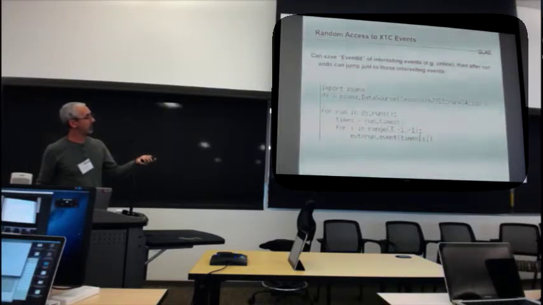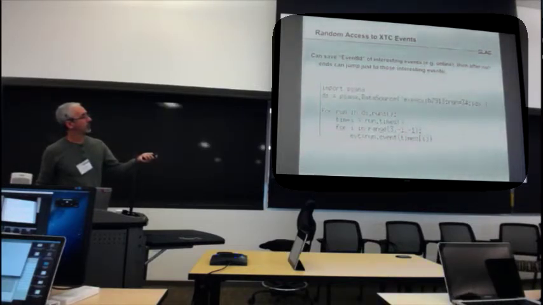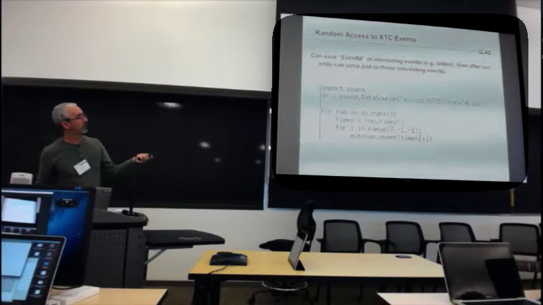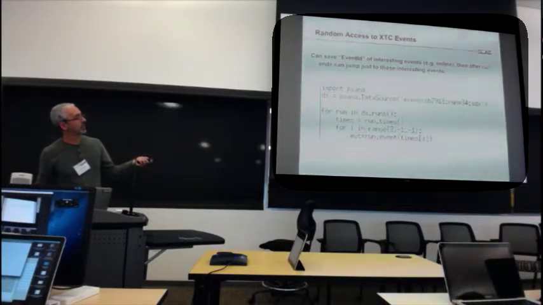It's 6 lines long. You import Psana, you put in your experiment and your run. And here's a key extra parameter that says we're going to be doing random access. Then you loop over the runs that you have, and you get this list of event times from the run. In this particular example, we're going from event 3 down to event 1, skipping by 1.